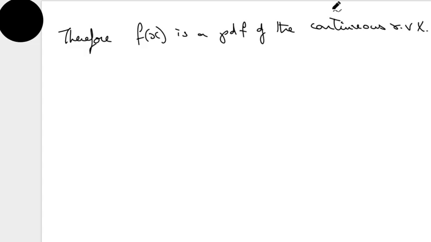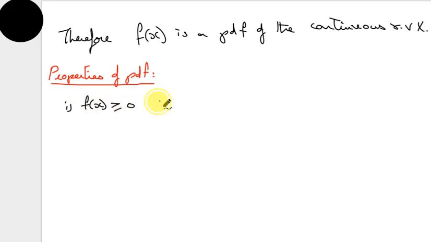Okay. Now, once given your PDF, how to find the CDF and some properties of the distribution function for a continuous random variable. We shall look into that now. So let us look into properties of PDF. The properties of PDF will be: number 1, f of x should be greater than or equal to 0.